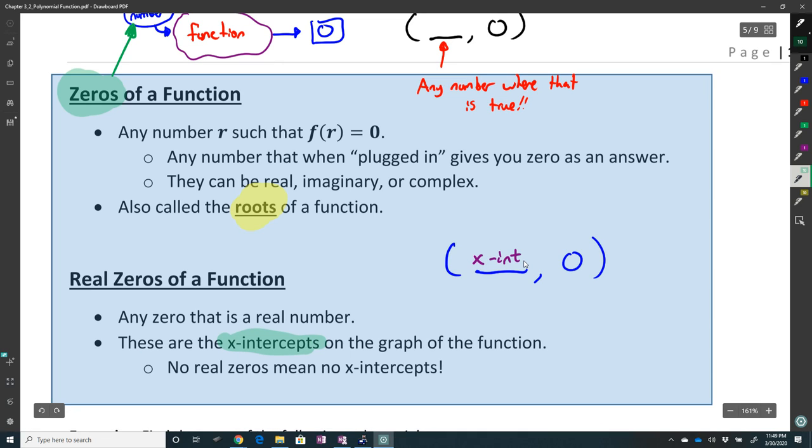The reason why they're finicky is because technically that's not always true. Sometimes you can have an imaginary number and 0 as the y value, and that is not an x-intercept.